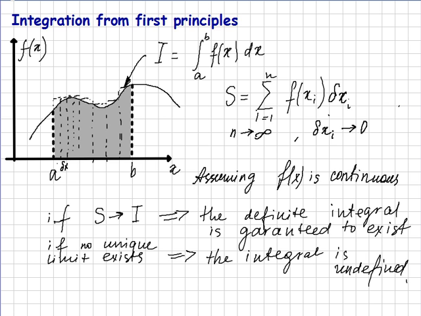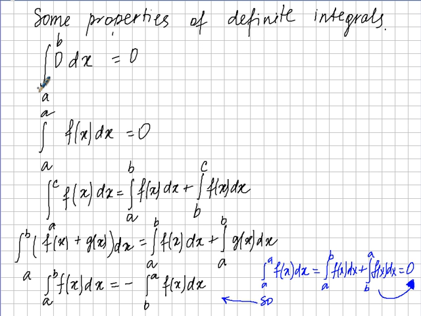From this definition, there are some properties of definite integrals that, although they look really obvious, are very useful in solving different problems. For example, the integral from a to b of 0 dx is going to be 0. If a function is always 0, there is no area.